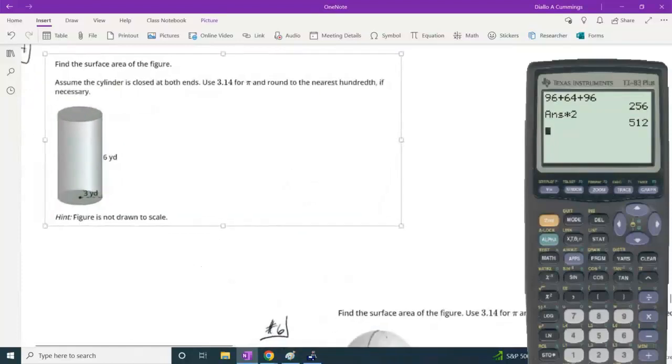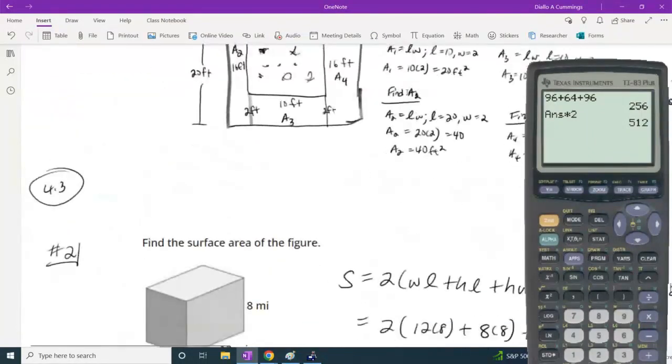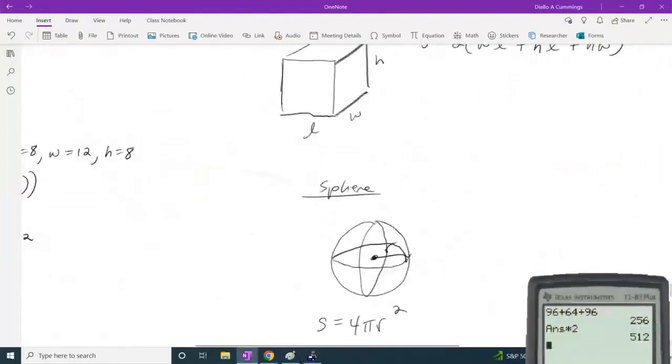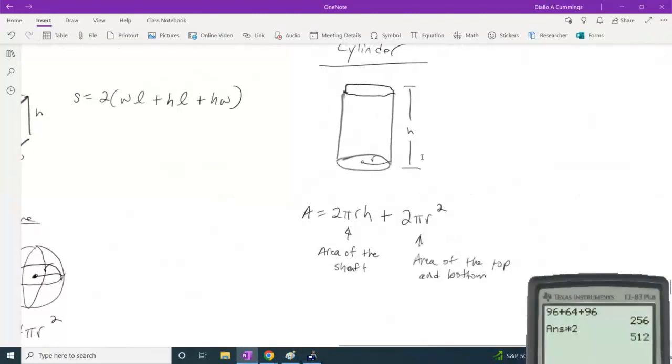Okay, here we're asked to find the surface area of a cylinder. So notice it says that the cylinder is closed on both ends. If this said the cylinders were open on both ends, we would use the same formula, except we wouldn't use the second part.